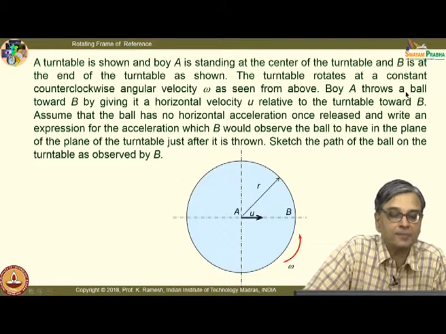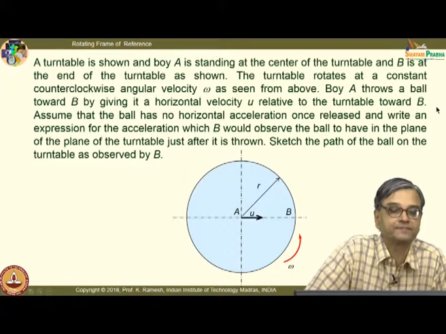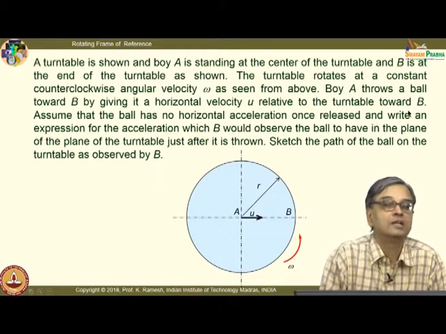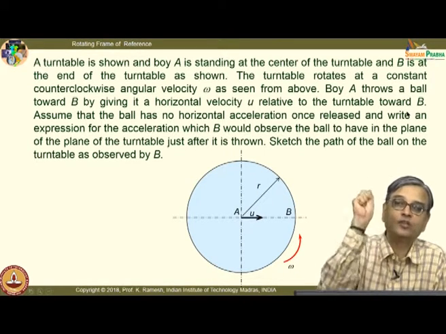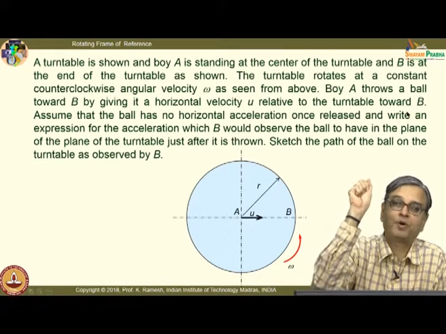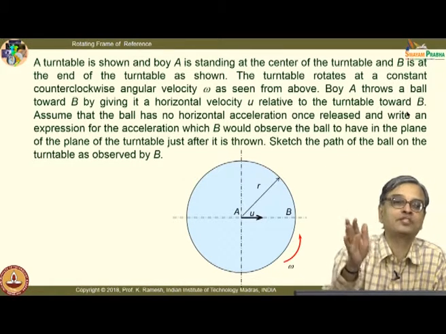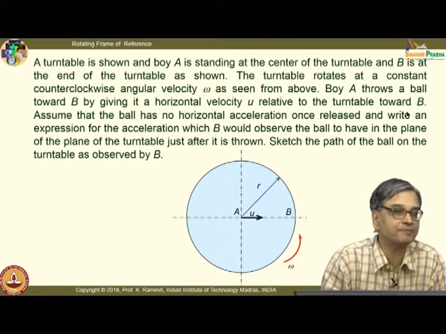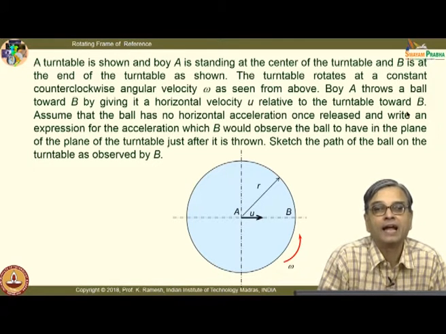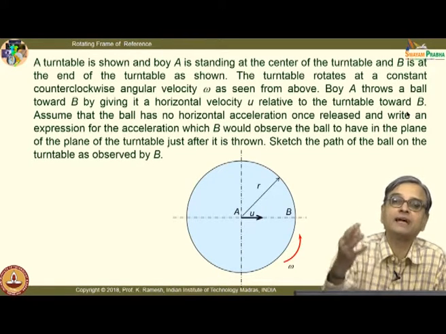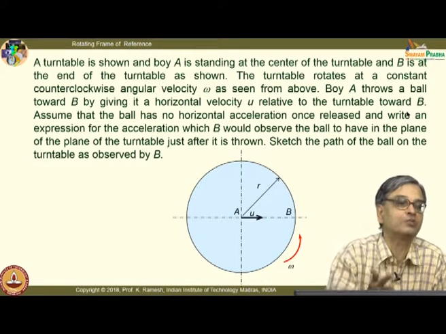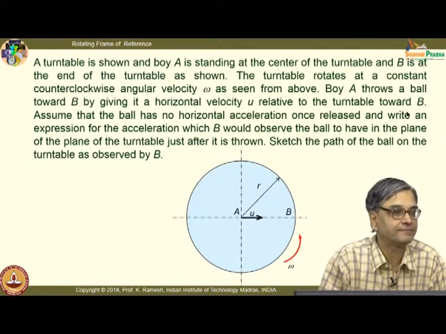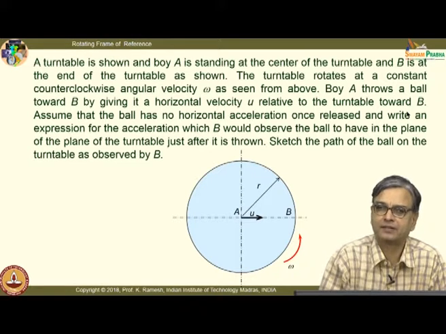Boy A throws a ball toward B by giving it a horizontal velocity u relative to the turntable towards B. See, the boy is standing and throwing the ball, but the ball is in space, it is not constrained by the slot like what we have seen in the previous problem. And for a rotating observer, he will observe a constant velocity u, that is what the problem statement says, to make our life simple. Okay.